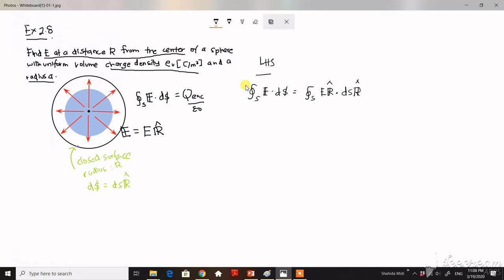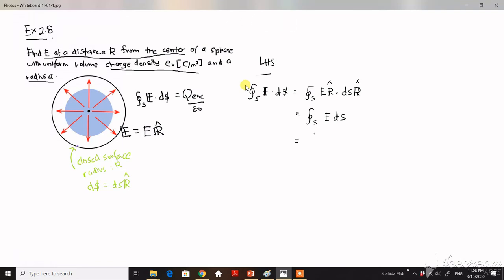So the dot product between unit vector r and unit vector r is equivalent to 1, giving E dS. I don't have to repeat this process.